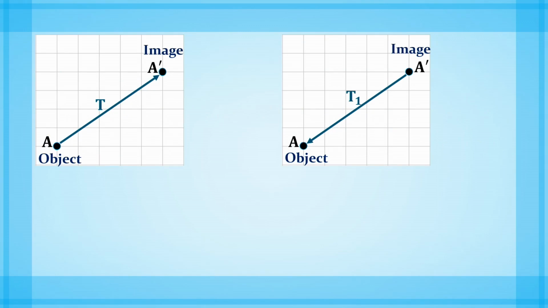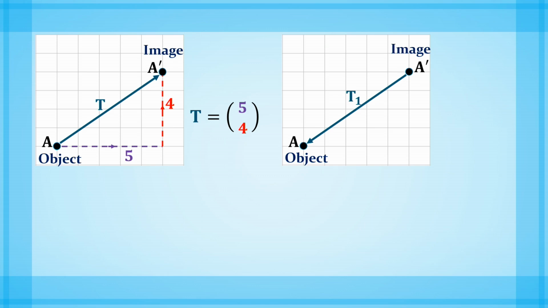Suppose the translation T maps object A onto image A' and the translation T1 maps image A' onto object A. Now, if we express T in column form by considering the horizontal and vertical movements starting from object A, which are 5 units to the right followed by 4 units upwards, we are going to obtain 5 as the horizontal component and 4 as the vertical component.